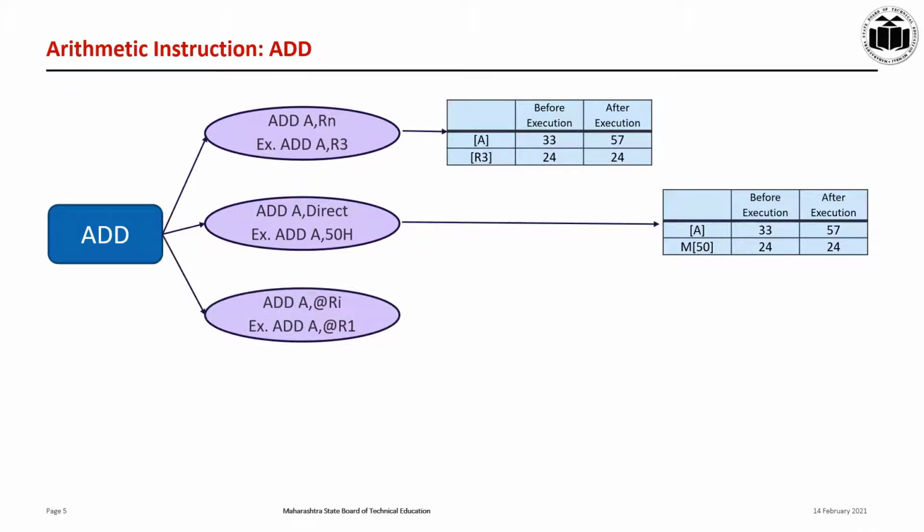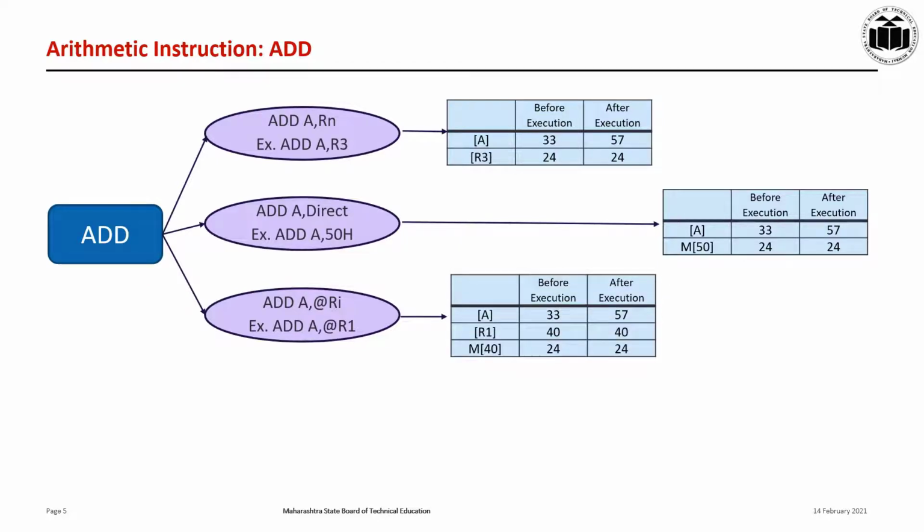ADD A, @Ri. This instruction adds the content of the internal memory location pointed by Ri to accumulator and stores the result in accumulator. Ri indicates register R0 or R1. Only registers R0 and R1 are allowed in this mode.